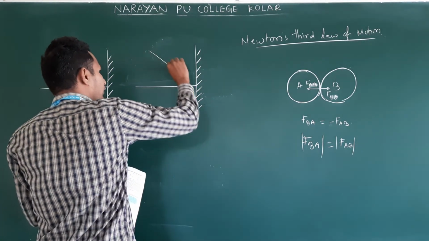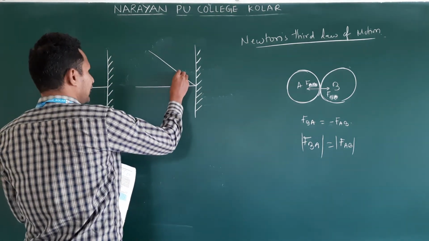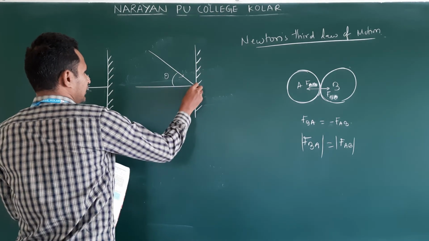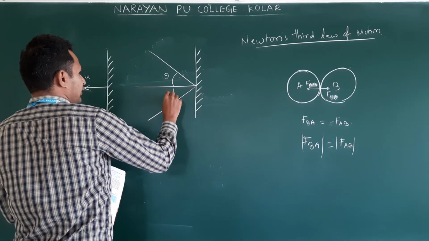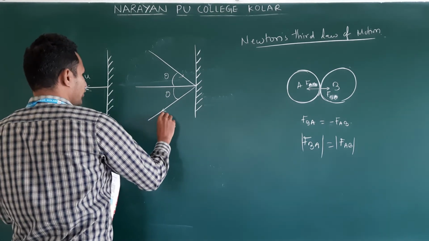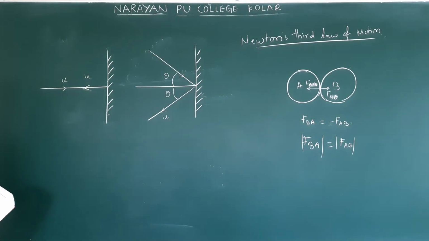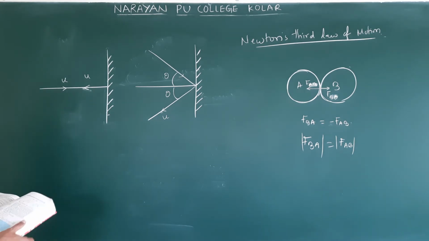The second one is this one. This angle theta, and the angle remains the same. The velocity also remains the same. Okay, mass m they mentioned. Next, what is the first question? The direction of the force on the wall due to each ball. Next, the ratio of the magnitudes of impulse imparted to the balls by the wall.